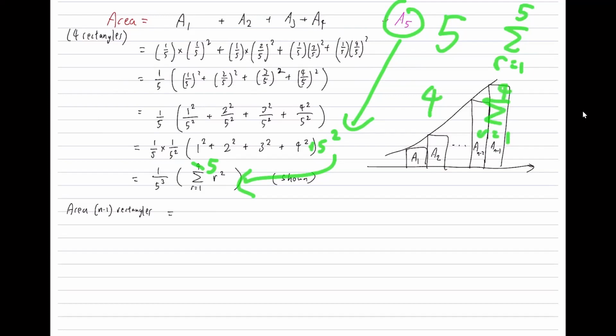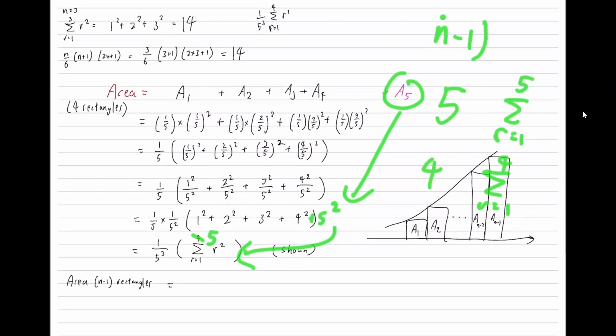So what happens if you want n minus 1 now? N minus 1 rectangles, so you sum from r equals 1 to? n equals 4 is 4, 5 is 5, n minus 1 is? 4? Nope. Just n minus 1. Stay the same.